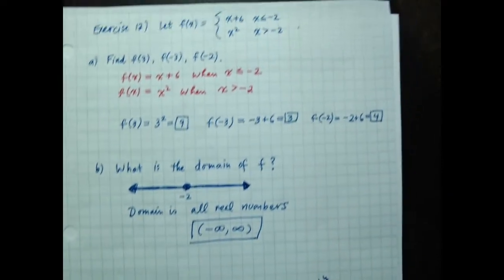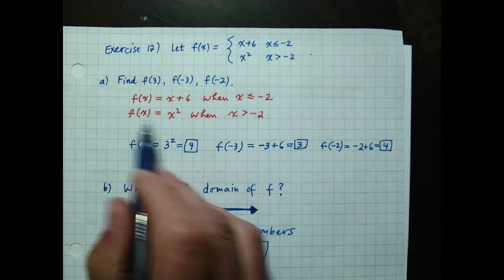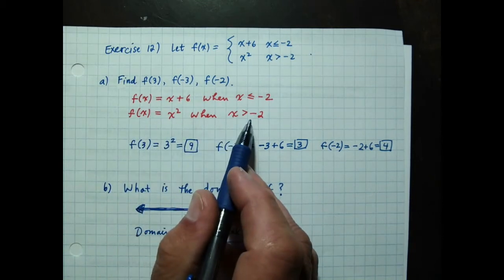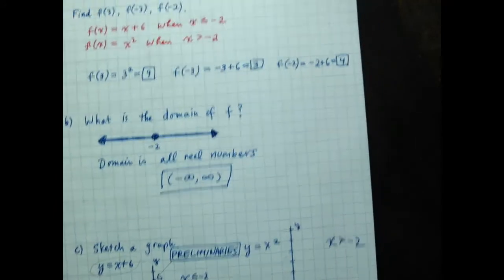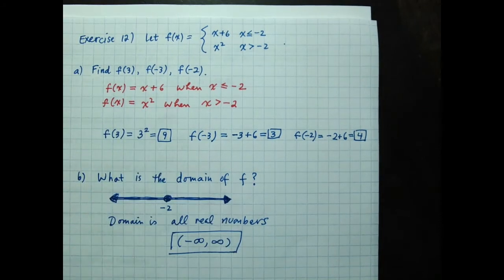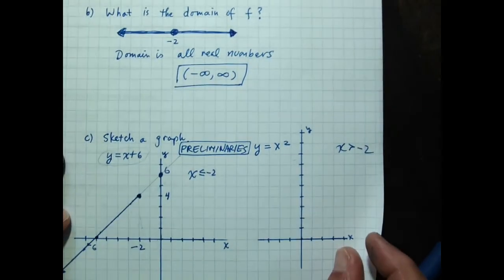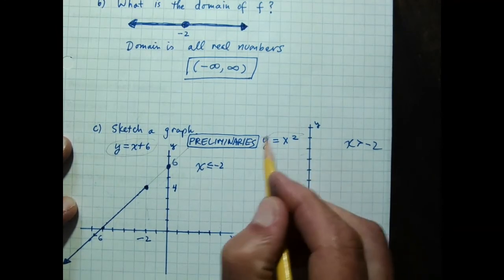If we go back to our defining relationship for the function, we use f of x equals x squared when x is greater than negative 2. Let me just write x greater than negative 2 below. And so this f of x equals x squared, I just rewrote below here as y equals x squared.